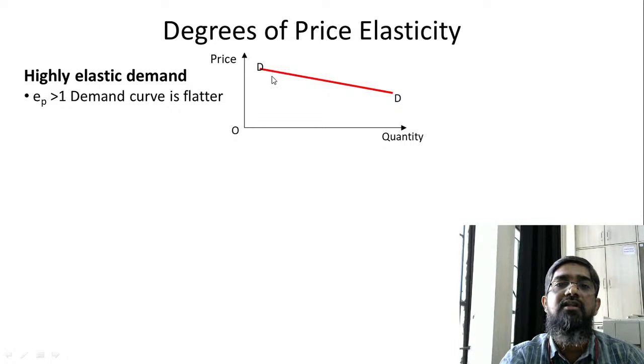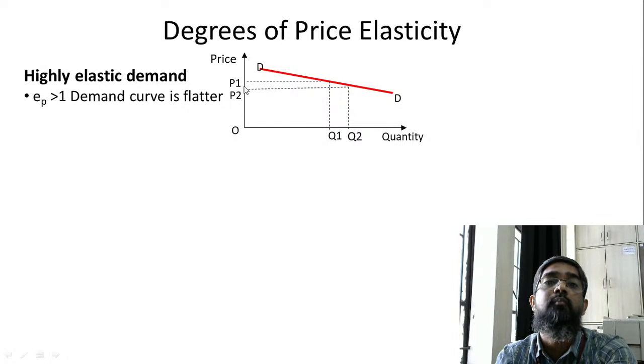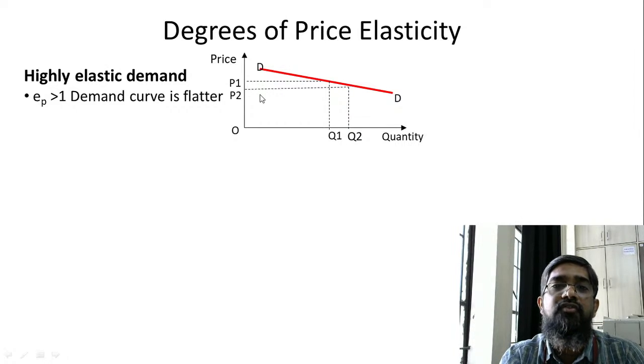A small change in price, you can see here, when price is P1, quantity demanded is Q1. Okay, when price changes a little, you see price has fallen from P1 to P2, your demand changed to Q2. You see this difference, I'll show you here.